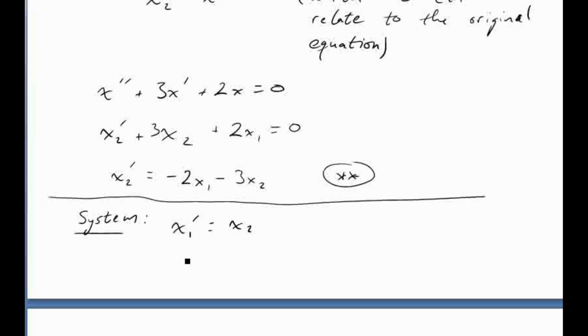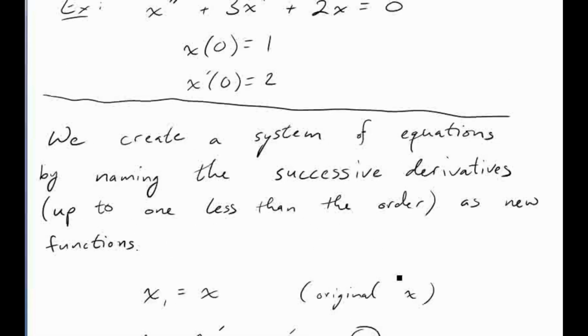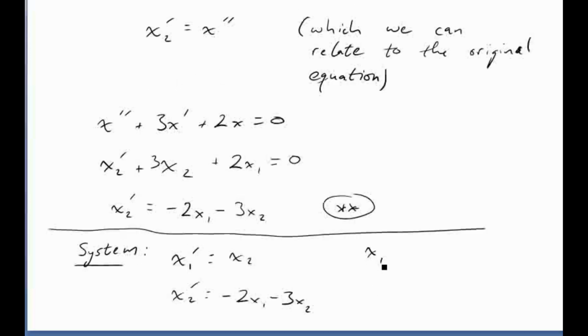Now, what's x2 prime? That's equal to negative 2x1 minus 3x2. And then we also have the initial conditions, which were originally formulated in terms of x and x prime, but now we can formulate them in terms of x1 and x2. So x1 of 0 is equal to 1, and x2 of 0 is equal to 2.